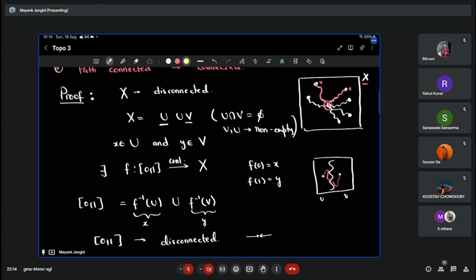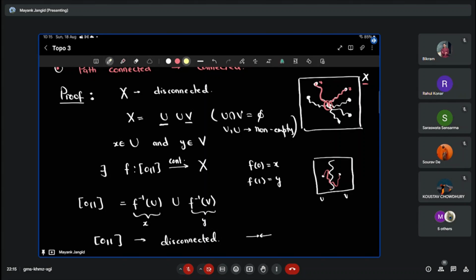Okay, so we are mapping every point of 0, 1 to some point in x, and x is the union of u and v. So u and v saturate the full space, and every point of 0, 1 goes to either u or v.